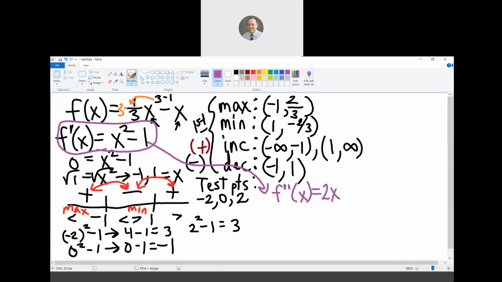Regardless of what test you're performing, we still need to find the critical points. So set your derivative equal to 0. And our only critical point is 0.